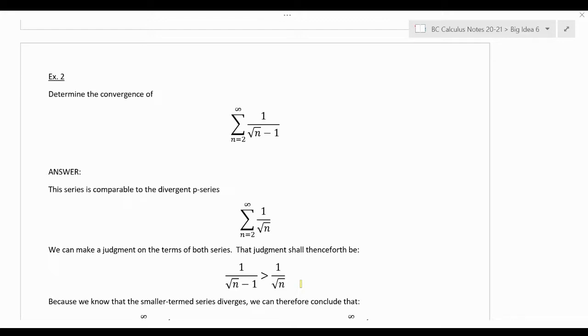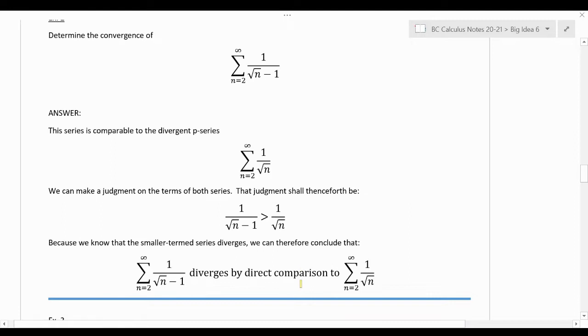Well, that seals the deal, right? Because we know that the p series 1 over root n diverges, so anything that's bigger at every single term must also diverge. So the conclusion can be made that the series 1 over root n minus 1 diverges by direct comparison to 1 over root n.